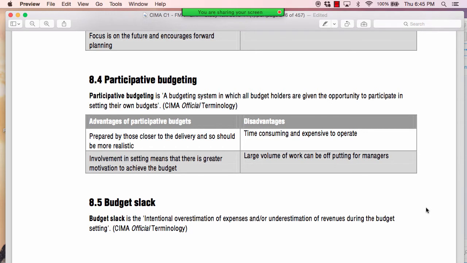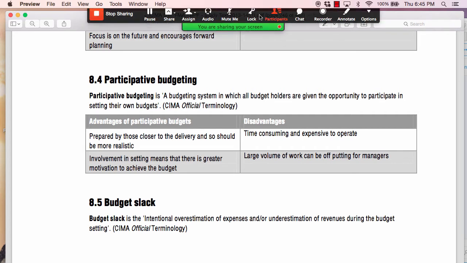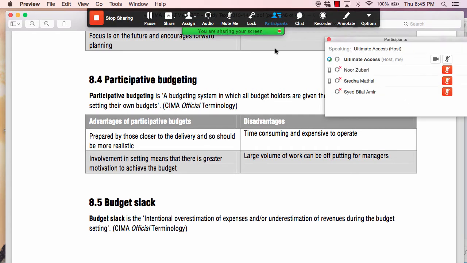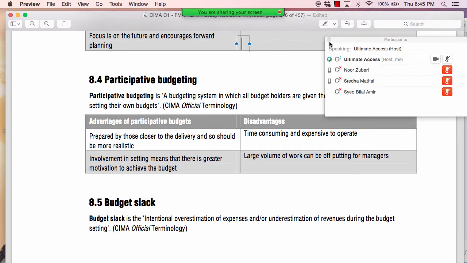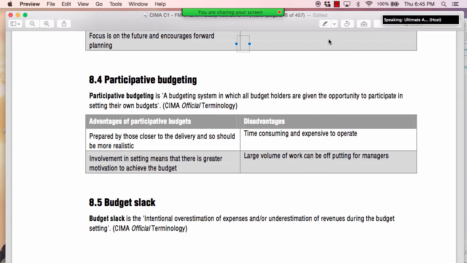Now we will look at participative budget, which is where we let the budget holders participate and contribute. Of course, this is necessary nowadays, right? It is important that these people participate because otherwise, what's going to happen? They won't be responsible, right?